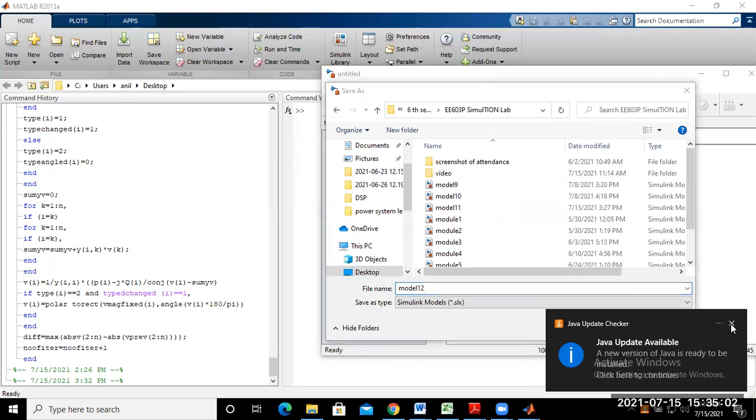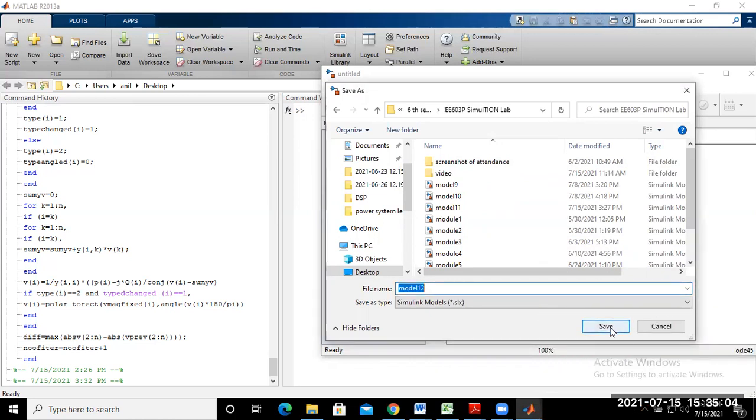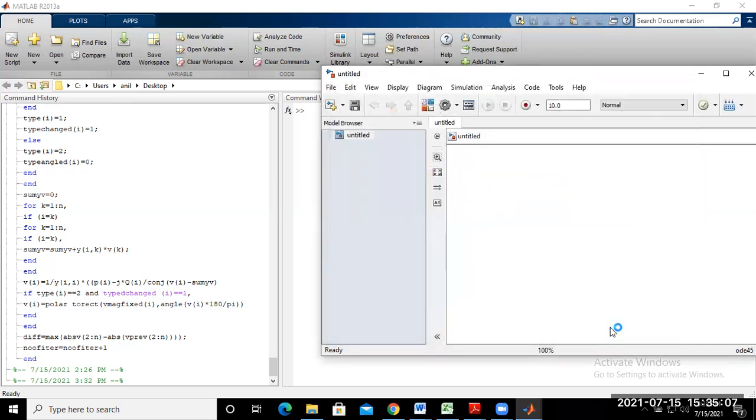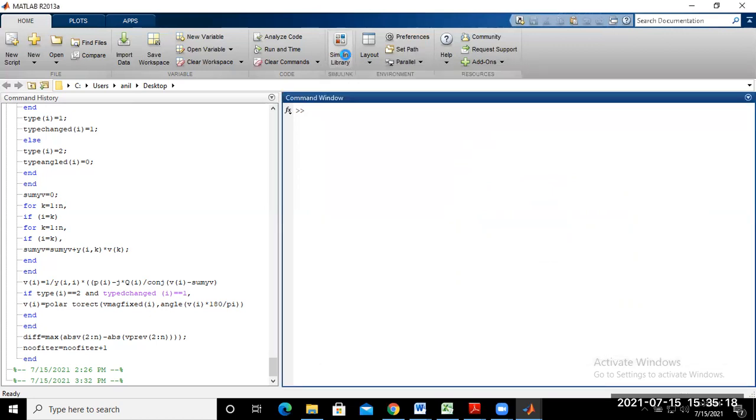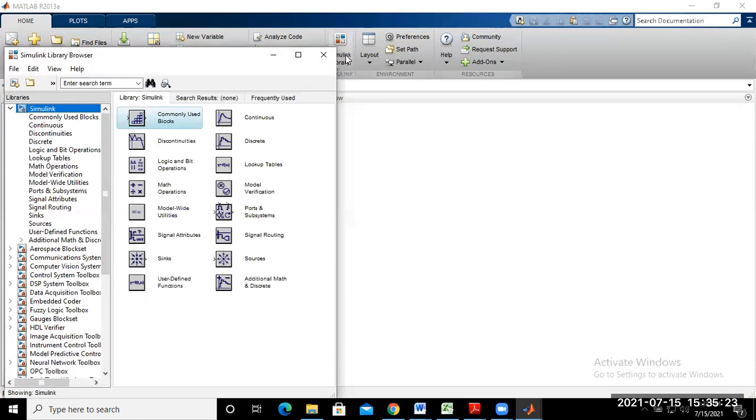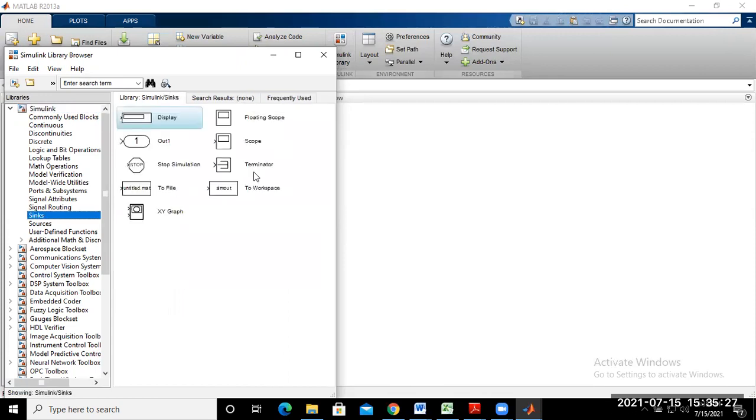So this model is saved here. Now you just simulate the circuit. Again go to the Simulink library and drag all the components into model number 12. First of all go to the sinks. There are types of sinks available here, so select this scope for model number 12.